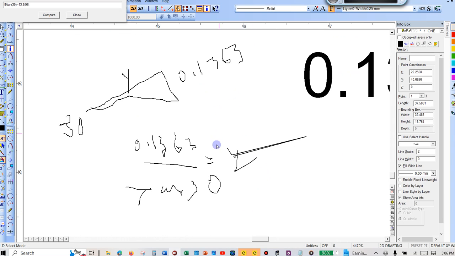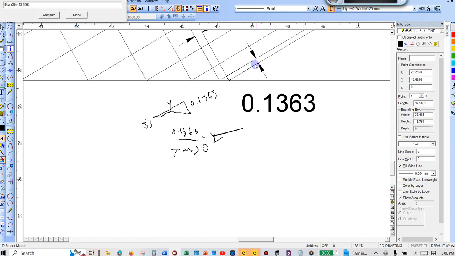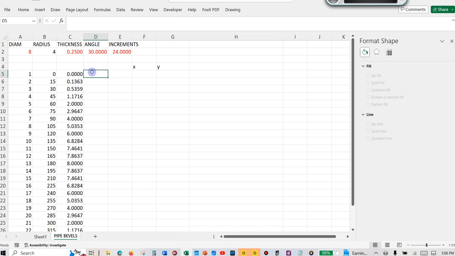I'm going to take that dimension, and I'm going to say, that dimension divided by the tangent of 30. All right, so let's go back to that. Equals this divided by tangent of radians of 30, no, of this.